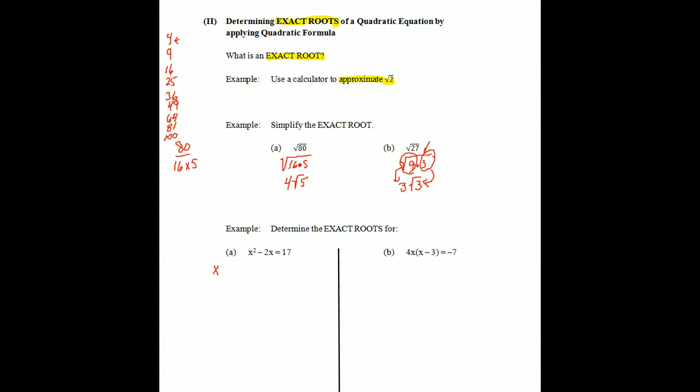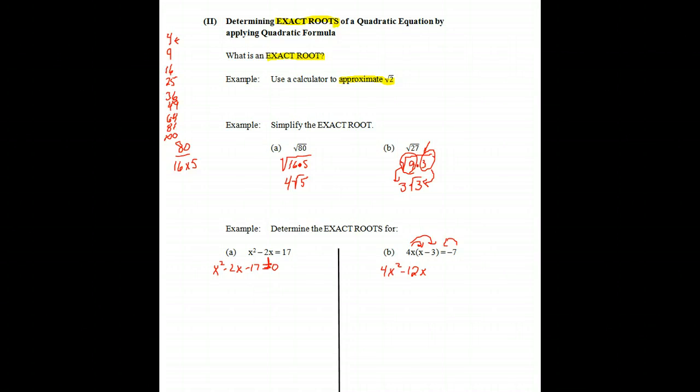Now I'll set them up in standard form, and then I'm going to use the quadratic formula. And before we get into this one, realize that you would need to multiply here. So 4 times x, 4x squared, 4x times 3, negative 12x.